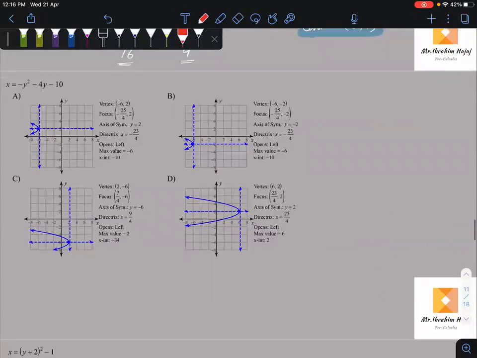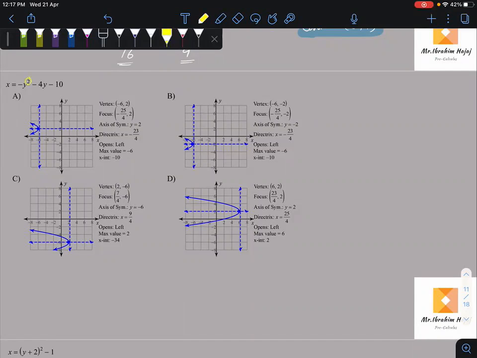Nice. Next question. x equals negative y squared minus 4y minus 10. It's the equation of what, guys? Of a parabola. Yeah. So we have to write it first as x equals, with y squared here. The squaring is on the y.